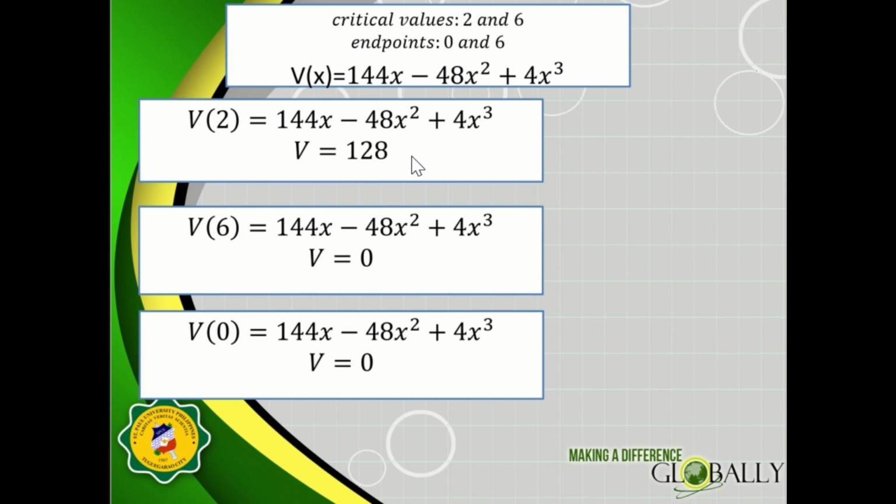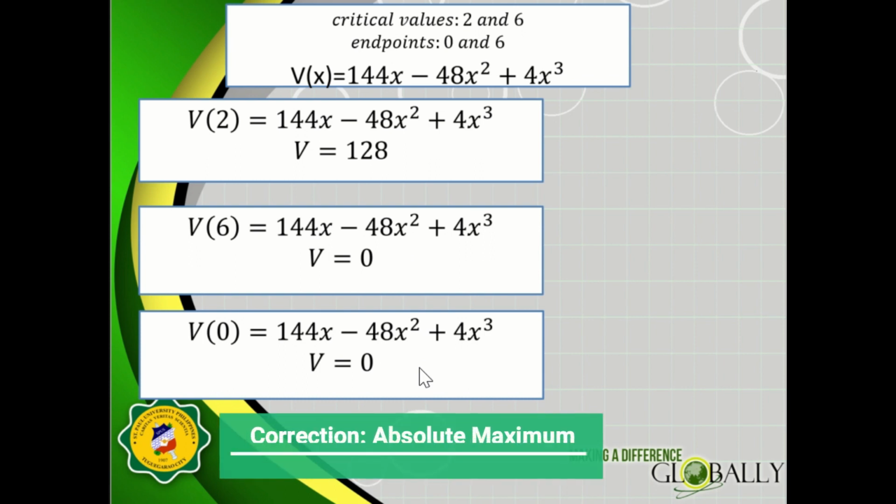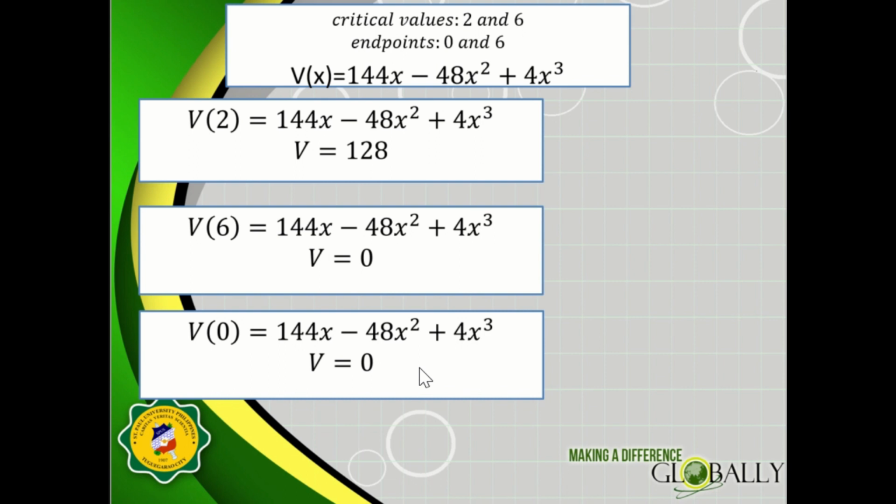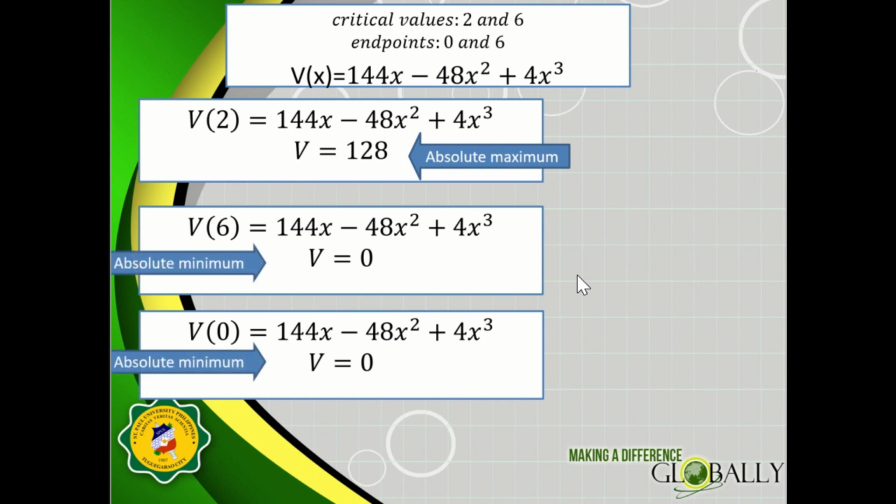From these values, 128, 0, and 0, what do you think is the absolute maximum? Remember, the absolute maximum is the highest value or highest point in the graph. Very good, it's 128. And what about our absolute minimum? Very good, our absolute minimum is 0.